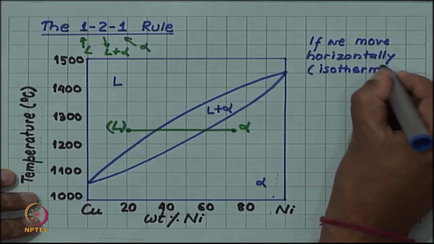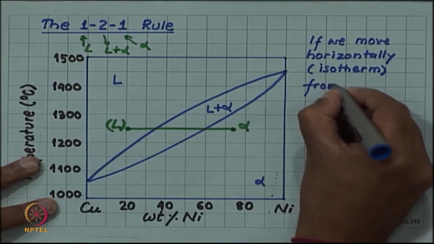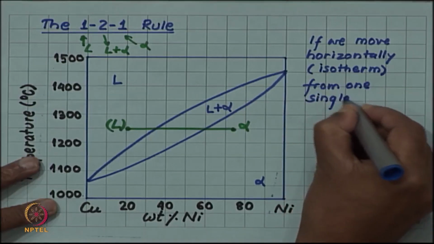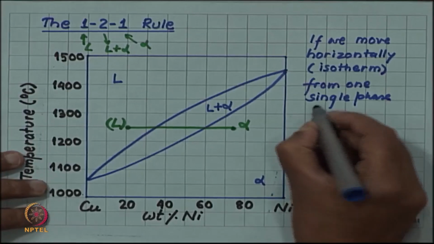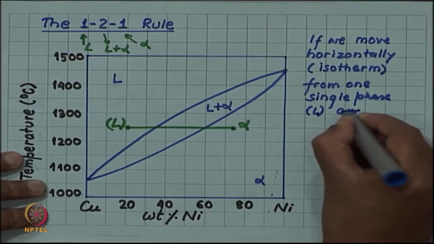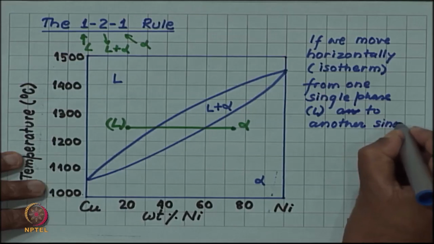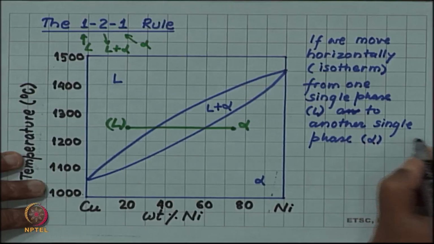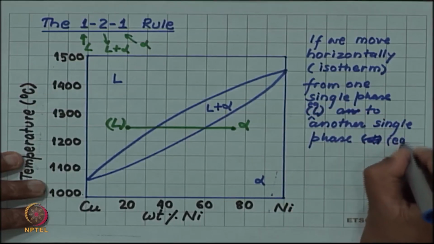So, if we are moving along an isotherm from one single phase, in this case for example liquid, to another single phase, in this example alpha, it can be any phase.